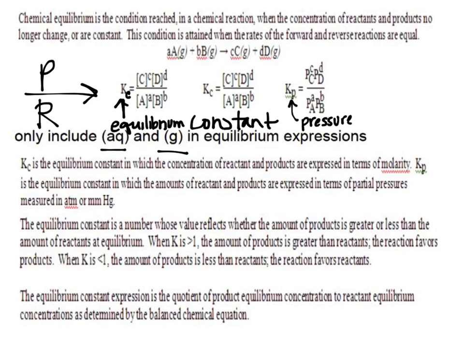This is where we can actually look into the equation, and some of you forgot this rule yesterday. We can look at the equation and take those coefficients and substitute those in as our superscript. Okay, so that's the power. So C is to the power of little c. D is to the power of little d.